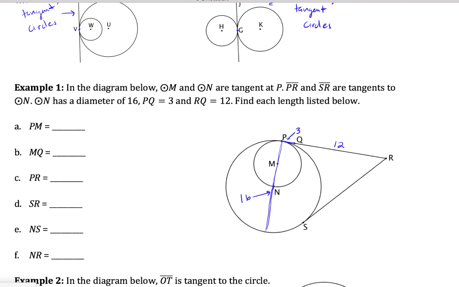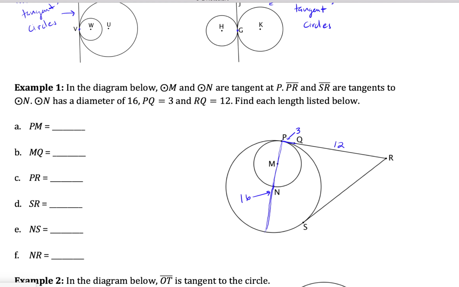PM. Now PM is a radius of circle M. It goes from the center of the circle out to a point on circle M. So it's a radius of this circle. If I think about the diameter of circle M, I would realize that the diameter of circle M is going to be half of the diameter of circle N, because circle M contains the center of circle N. So its diameter is basically a radius of circle N. So I know the diameter of circle M, or the length from P to N, is going to be 8.